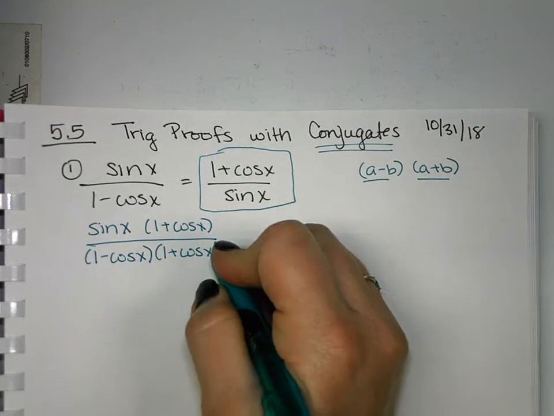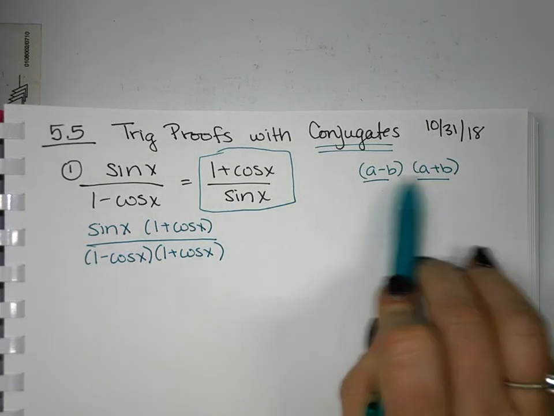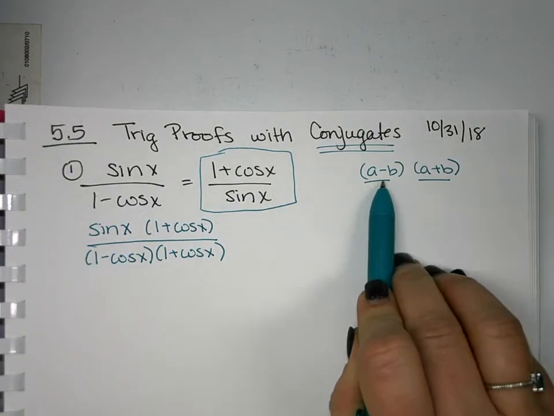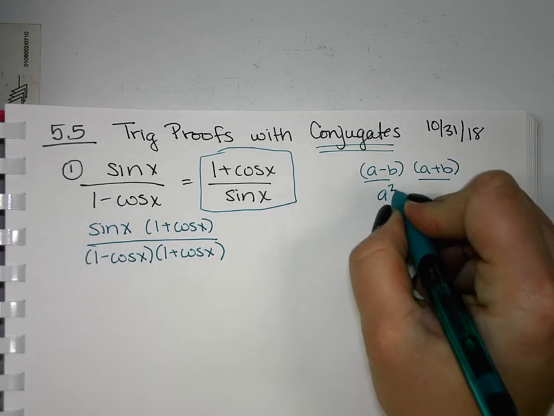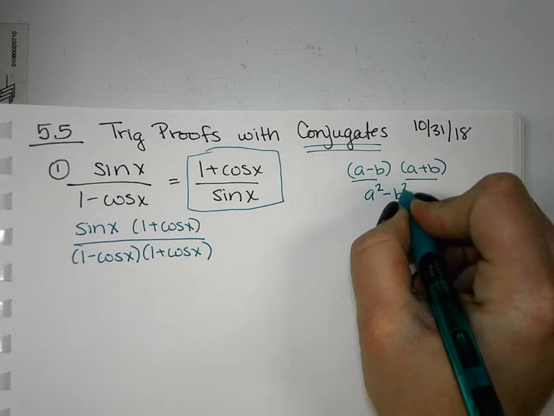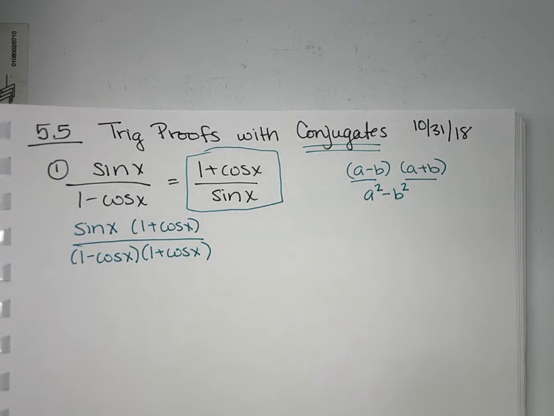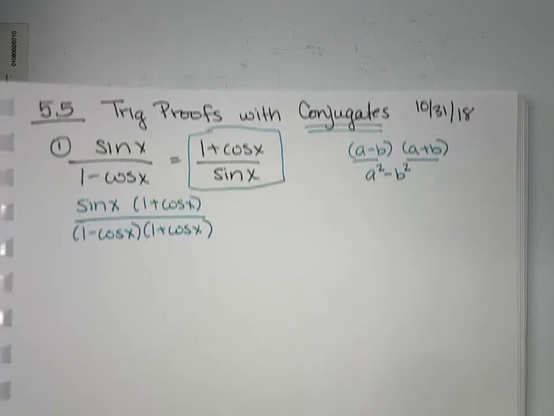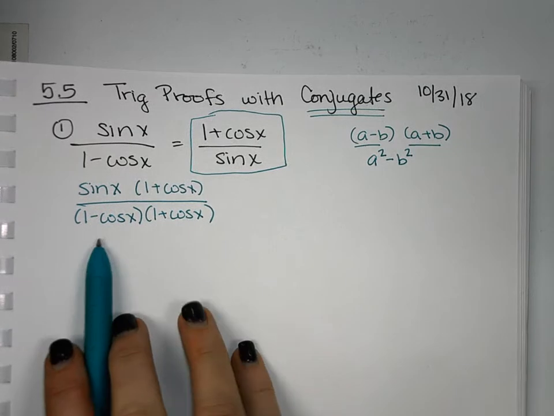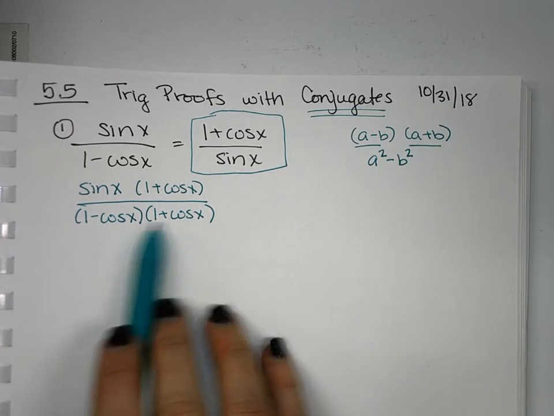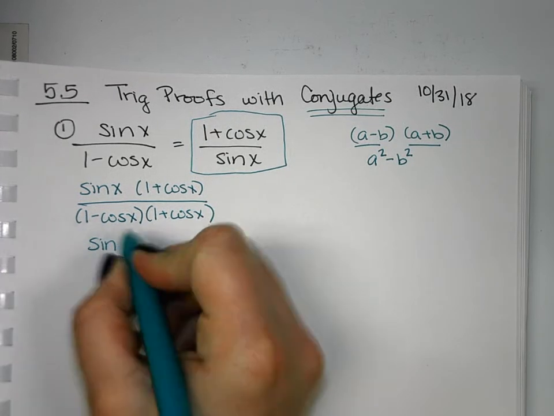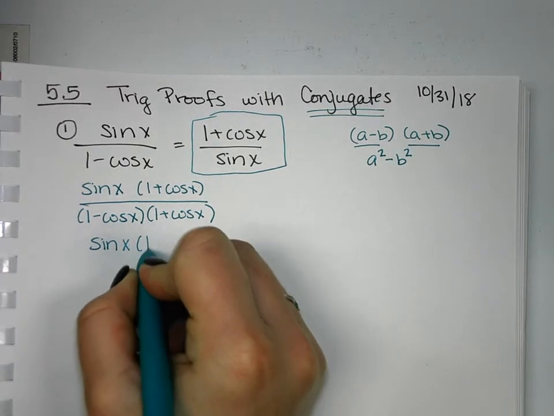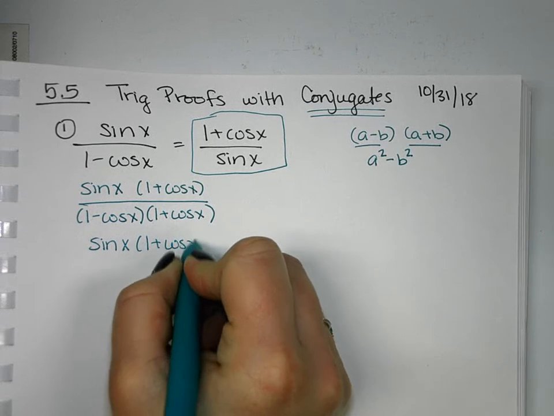And one of the reasons that we like the conjugate is just like over here, when we have a minus b times a plus b, when you FOIL them together, you get a difference of squares, a squared minus b squared. And that's exactly what's going to happen on the denominator when we multiply these two together. So on top, I'm just going to leave it as sine x times 1 plus cosine x.